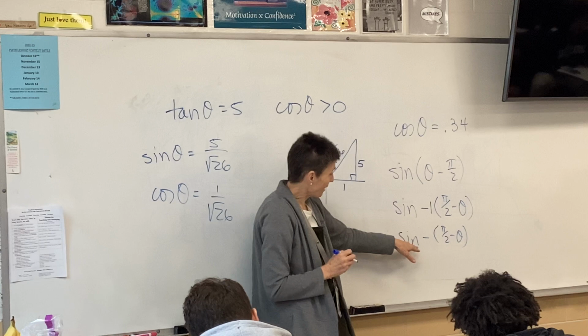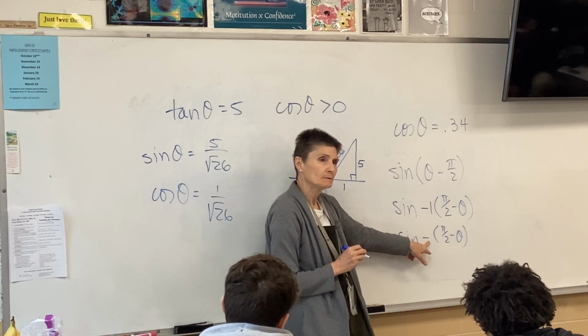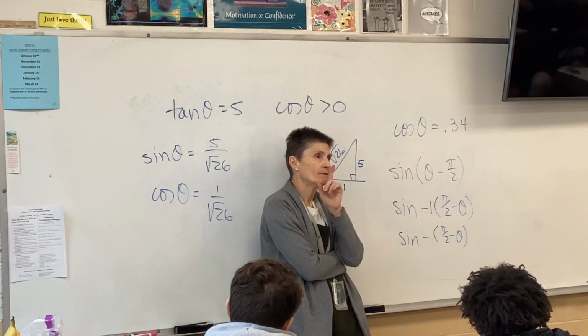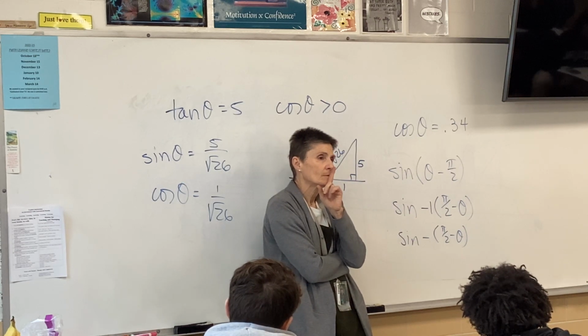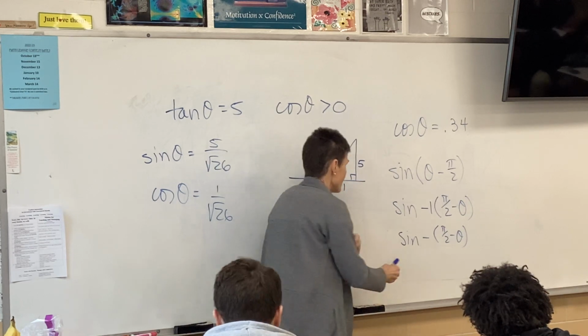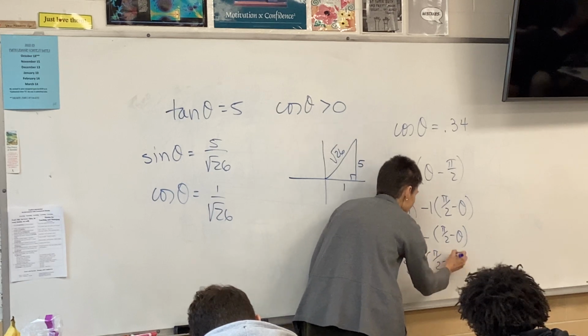And now I've got the sine of a negative. Now what do I know about the sine of a negative? The negative comes out in front. So this is negative sine pi over 2 minus theta.